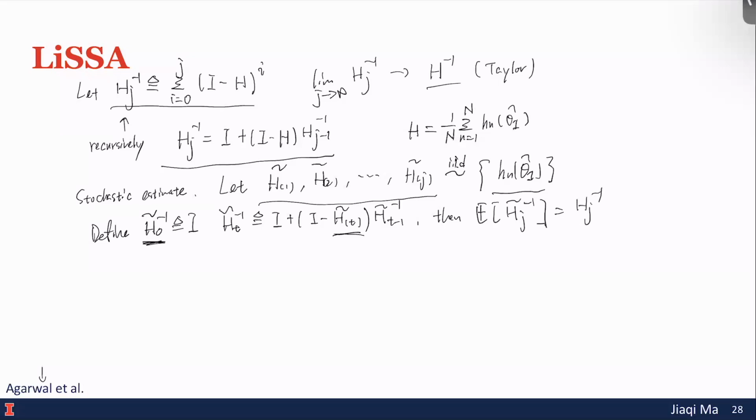So this sequence is an unbiased estimate of the original sequence. This helps us alleviate the calculation over the full data set, because now we don't need the full Hessian H, we just need the individual ones.